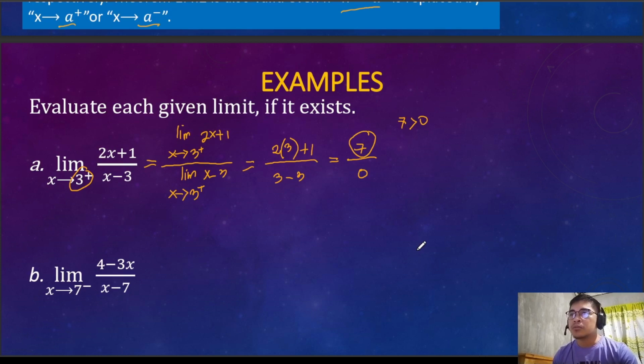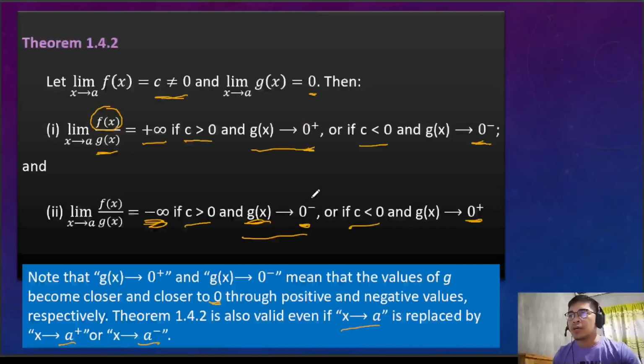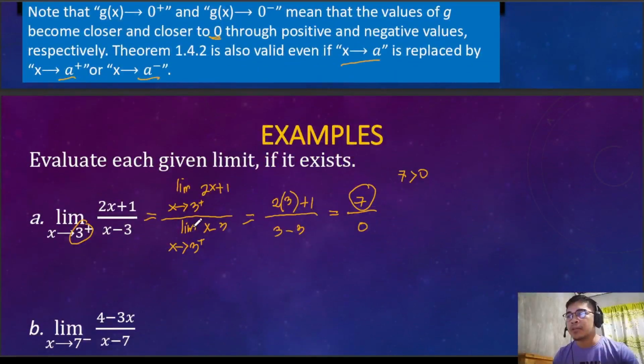So we got 0 from the right, and our limit will be positive infinity. But for 0 from the left, our limit is negative infinity. How do we get 0 from the left? If the value we substitute gives a negative answer. If positive, then we have 0 from the right.